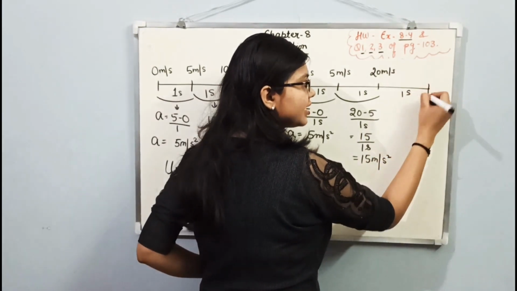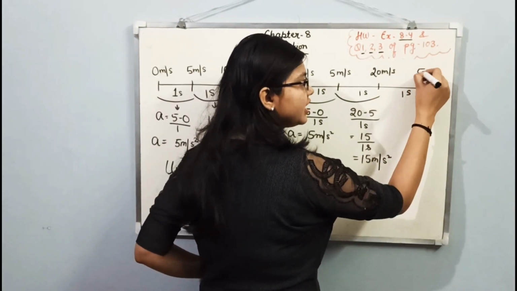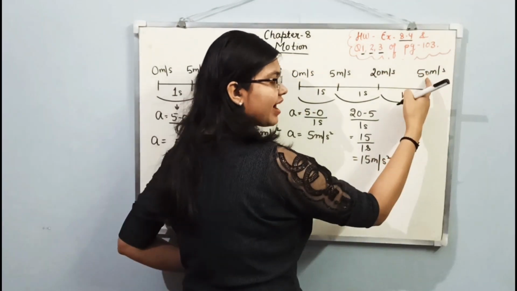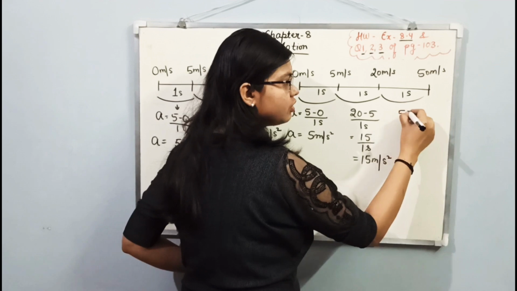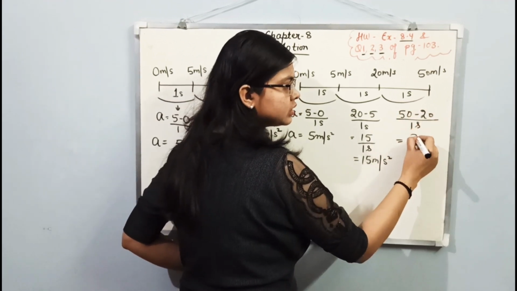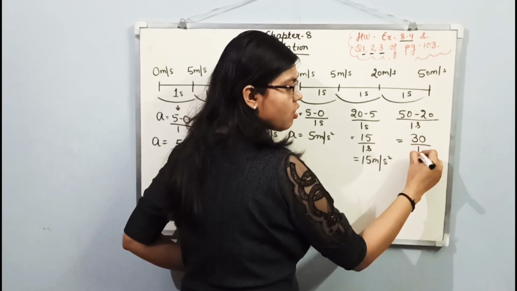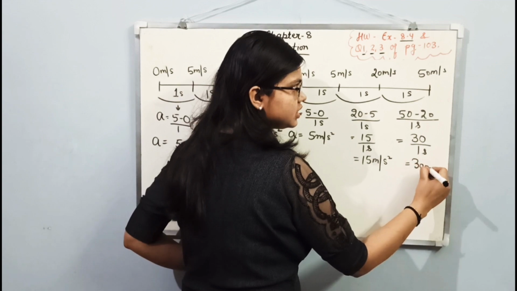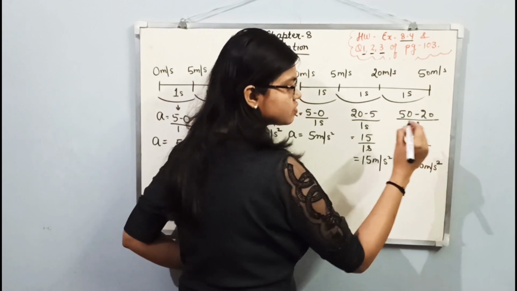Again after 1 second the speed became 50 meter per second. So what will be the acceleration here? Final velocity minus initial velocity upon time taken. So it will be 30 upon 1 second. So the acceleration is 30 meter per second square.